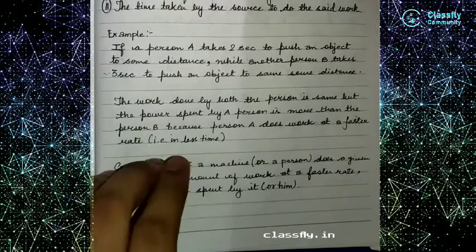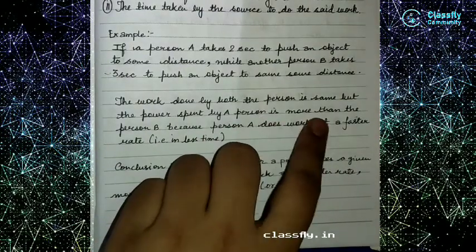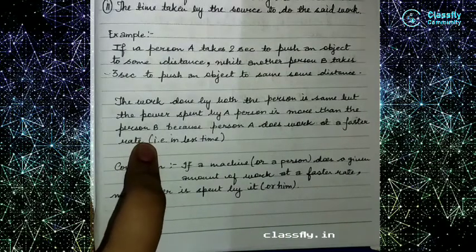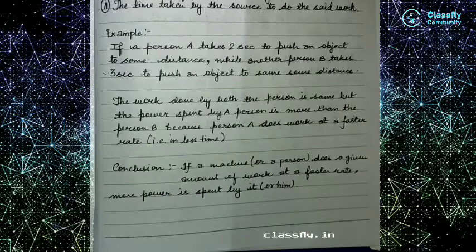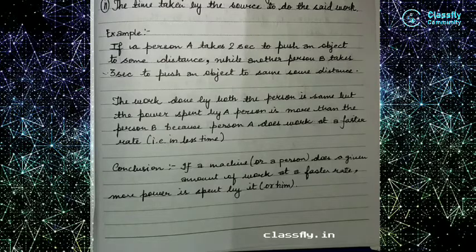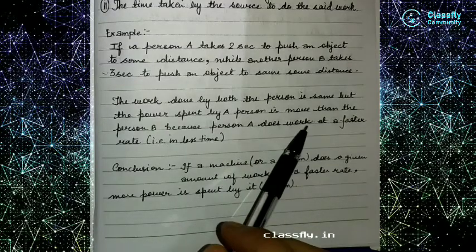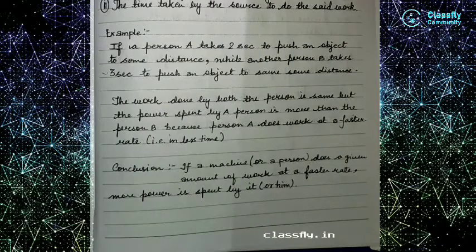But the power spent by person A is more than person B, because person A does work at a faster rate. Why? Because the time taken by person A is 2 seconds, whereas the time taken by person B is 3 seconds. That means if we take less time, the work is done at a faster rate.